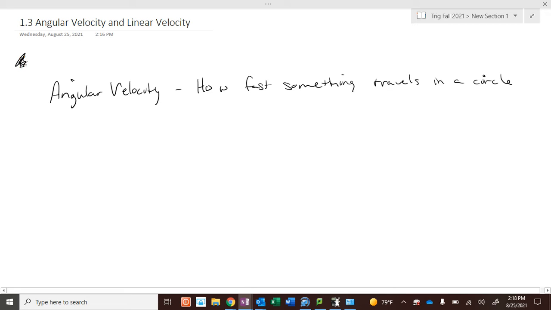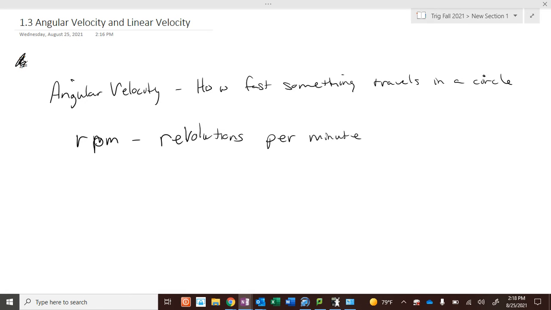RPM. Stands for revolutions per minute. Rotations per minute was close. Revolutions per minute. Okay. How far it travels in a minute.